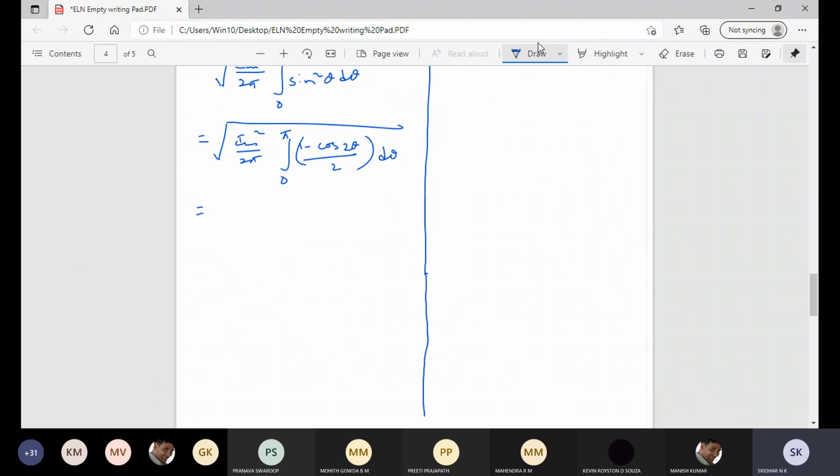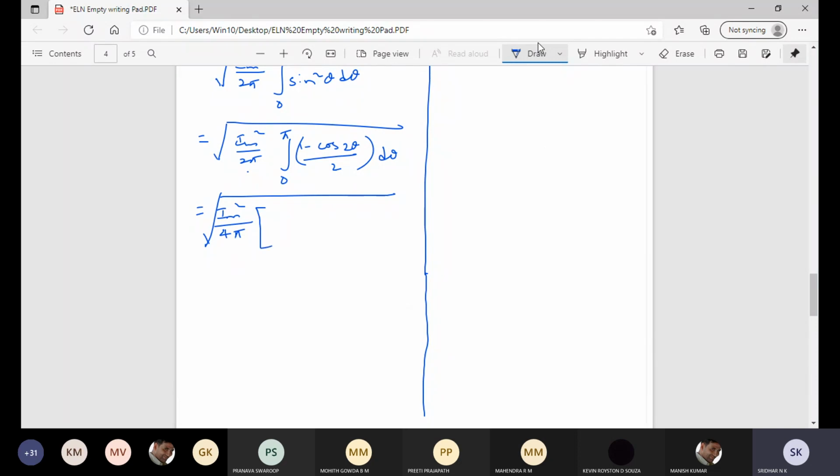You write here why it is, because sine square theta is equal to 1 minus cos 2 theta divided by 2. Now if that is done, take the 2 out. So Im square, this 2 you are taking out, so it will be 4 pi.